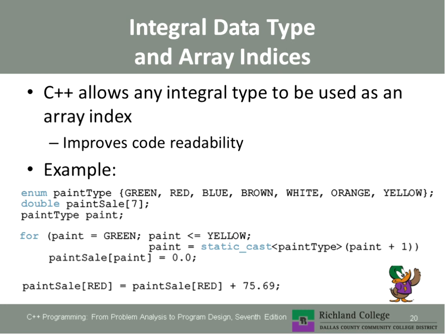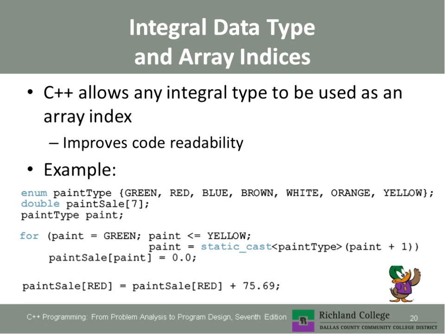But if we say that green is 0, red is 1, blue is 2, brown is 3, white is 4, orange is 5, and yellow is 6, like in an enumeration type, then it's easier for us to refer to paint sale red equals paint sale red plus 75.69. It's easier to see what you're trying to do.